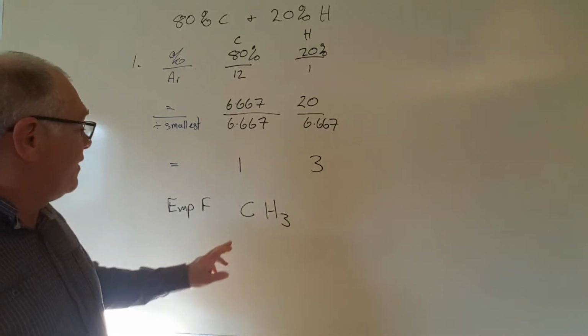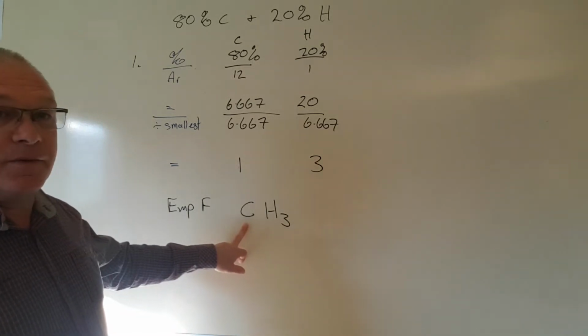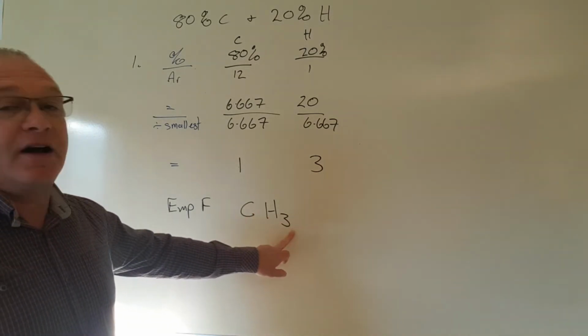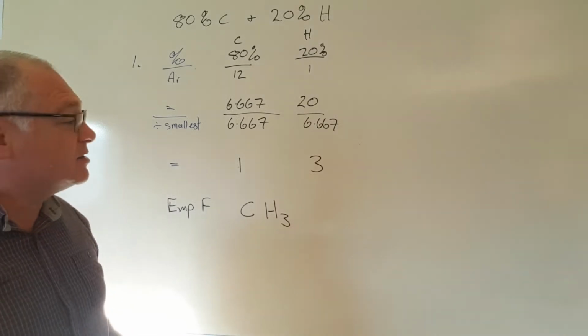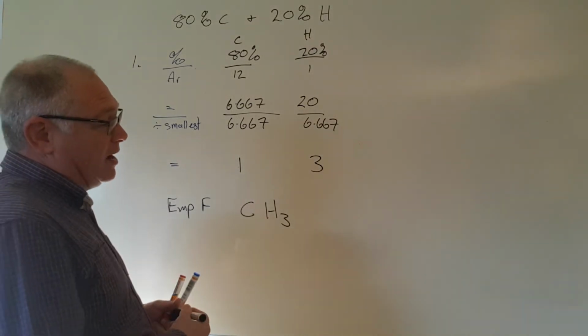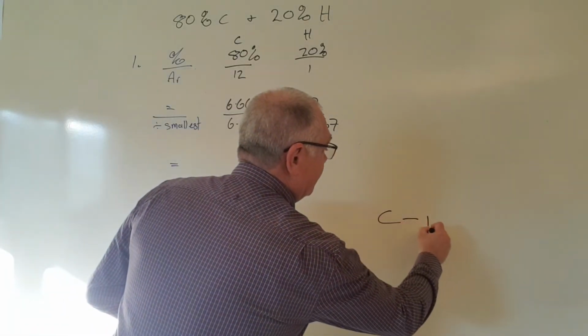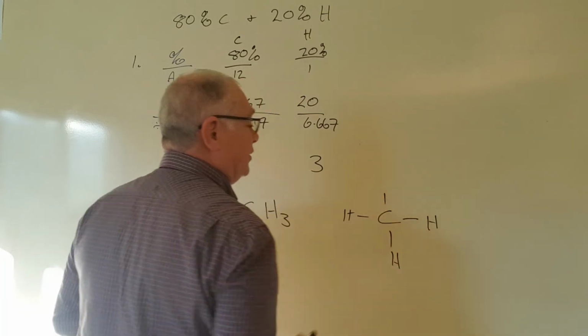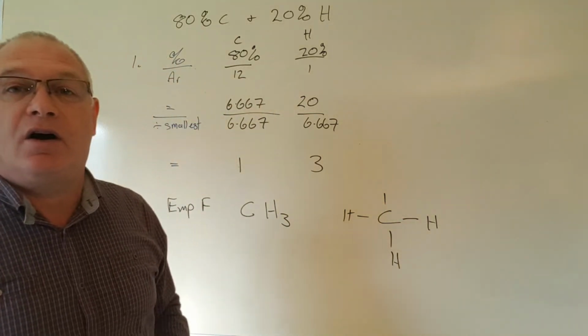So this means that the molecule's simplest ratio is for every 1 carbon there are 3 hydrogens. Now this is not the final molecule, because there is no way that you can have 1 carbon with only 3 hydrogens.